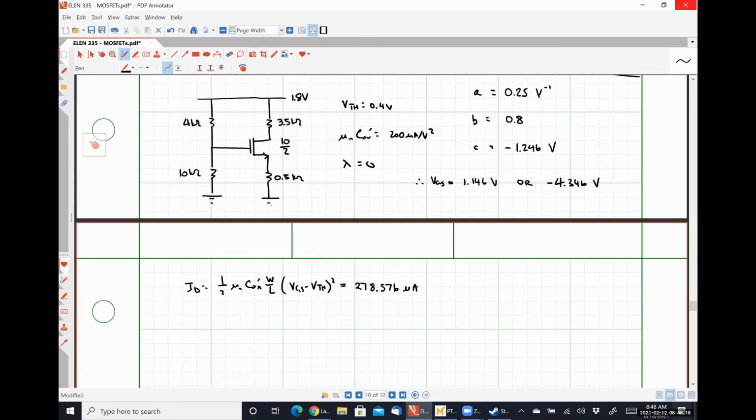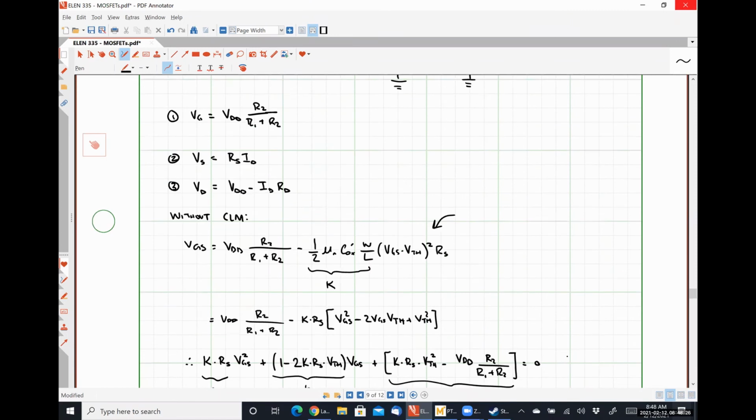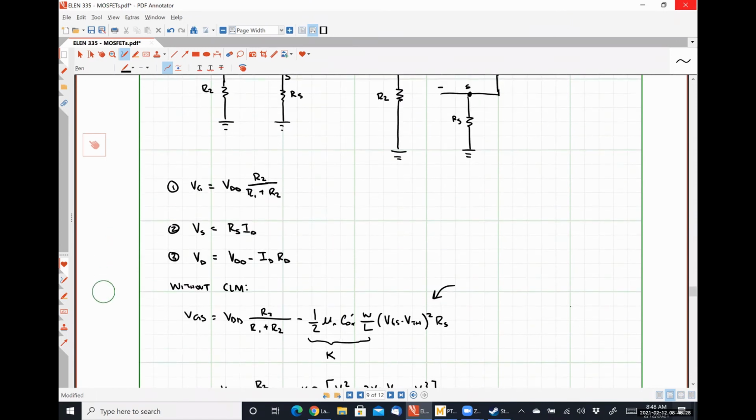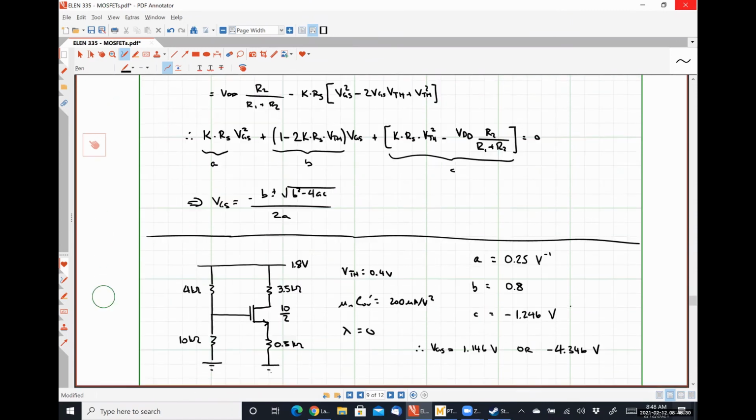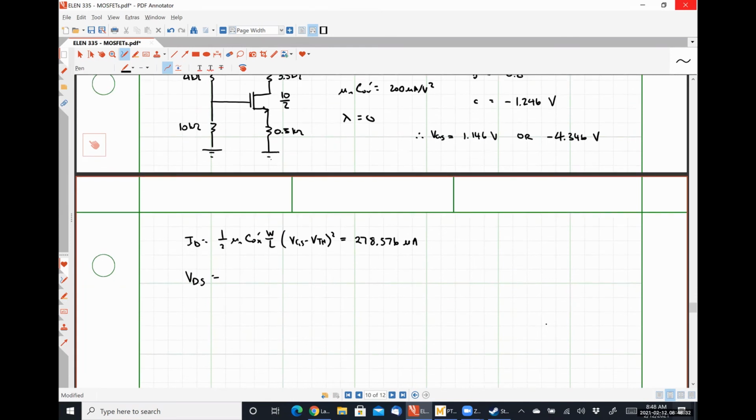So VDS is simply VD minus VS. So that is going to reduce to VDD minus ID times RS plus RD.